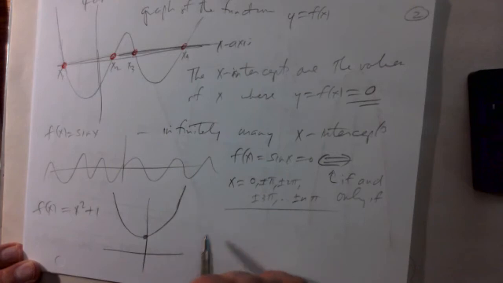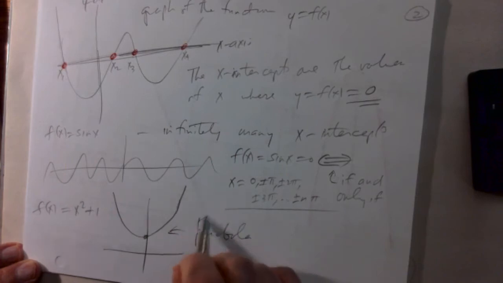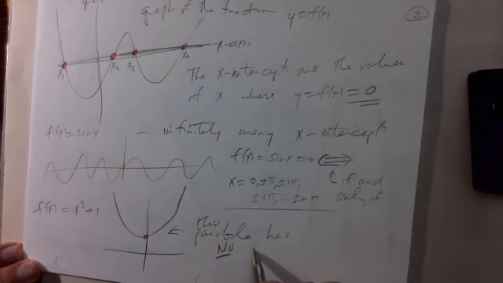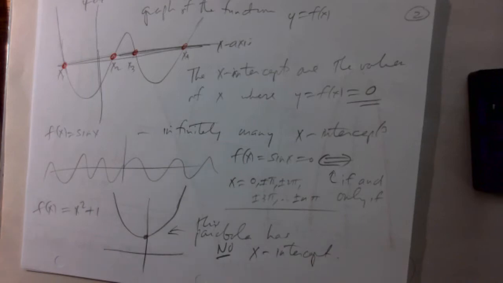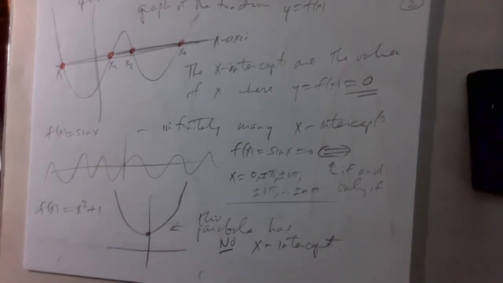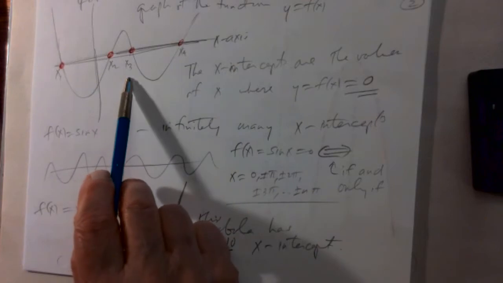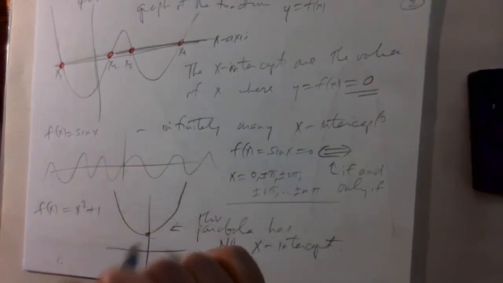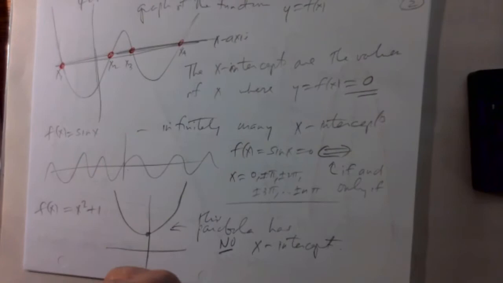And this parabola has no x-intercept. So functions can have a finite number of x-intercepts, an infinite number, or zero. All of those things are possible.